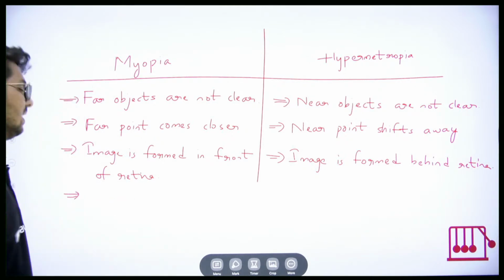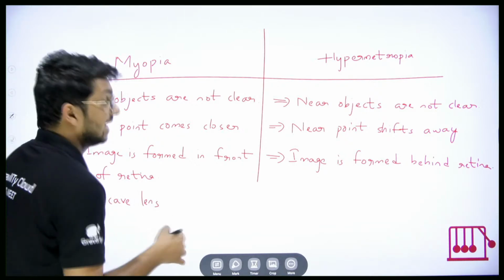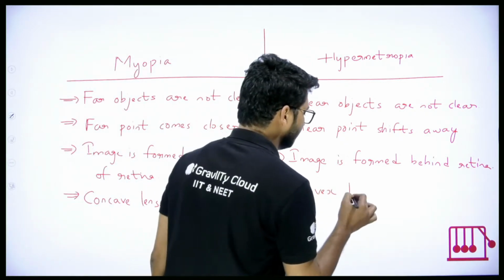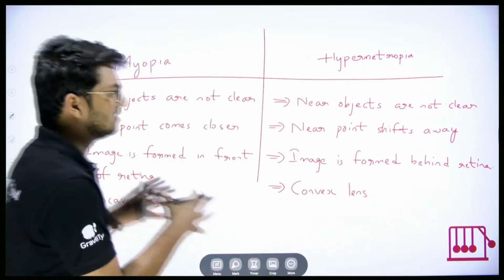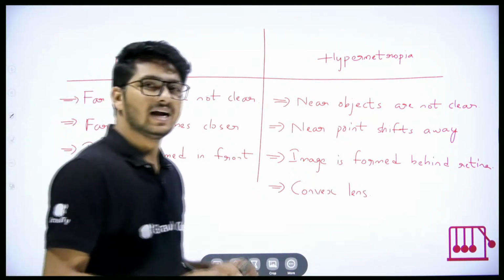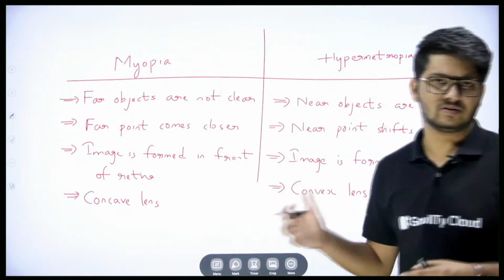For myopia, a concave lens is used, whereas for hypermetropia, a convex lens is used. These are the main differences, the basic points regarding myopia and hypermetropia.